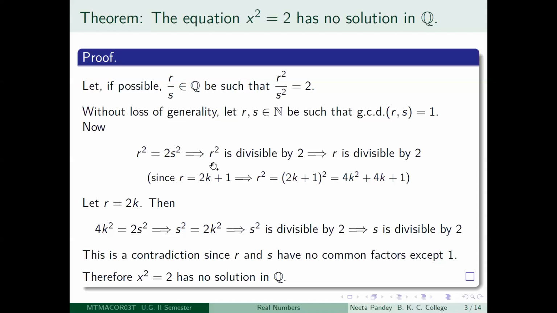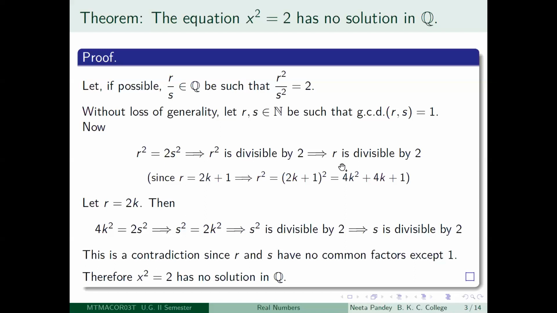If you do the factorization of r in prime factors and the factorization of r squared in prime factors, then obviously what will happen is that the primes which occur in the factorization of r, their exponent will be just doubled when you are looking at the prime factorization of r squared.